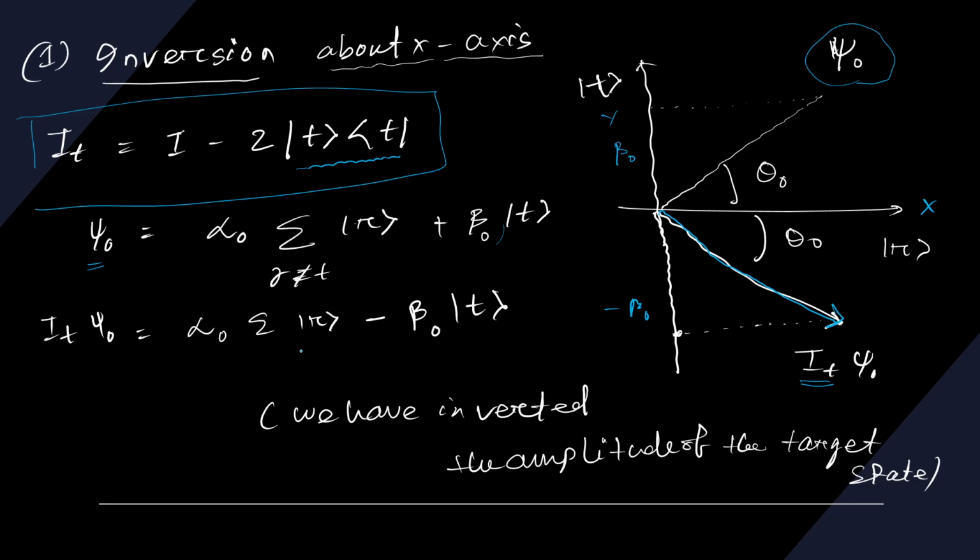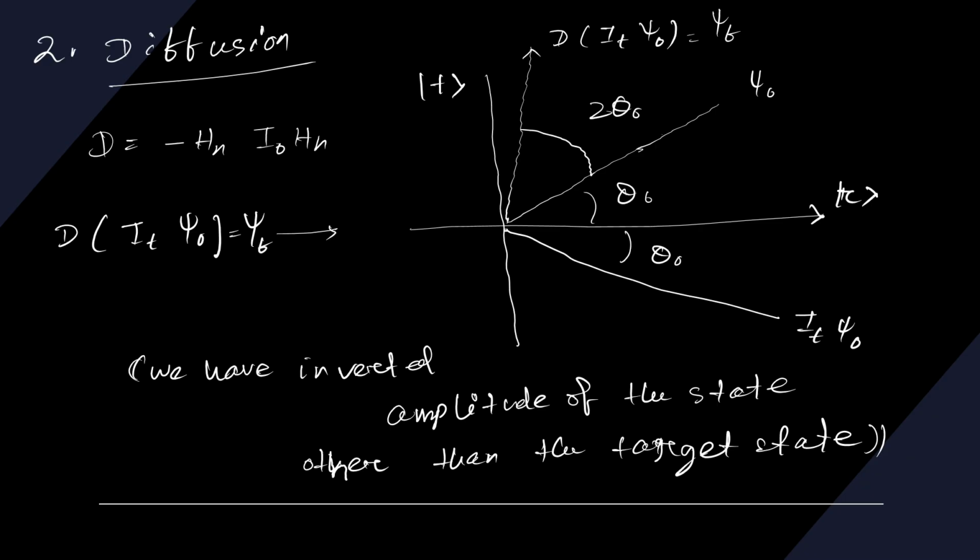Now after inversion, we go to the diffusion. In the diffusion state we have this operator, that is minus H_n I naught H_n, where H_n is the Hadamard operator, which will again operate on this I_t psi naught and give the final output.